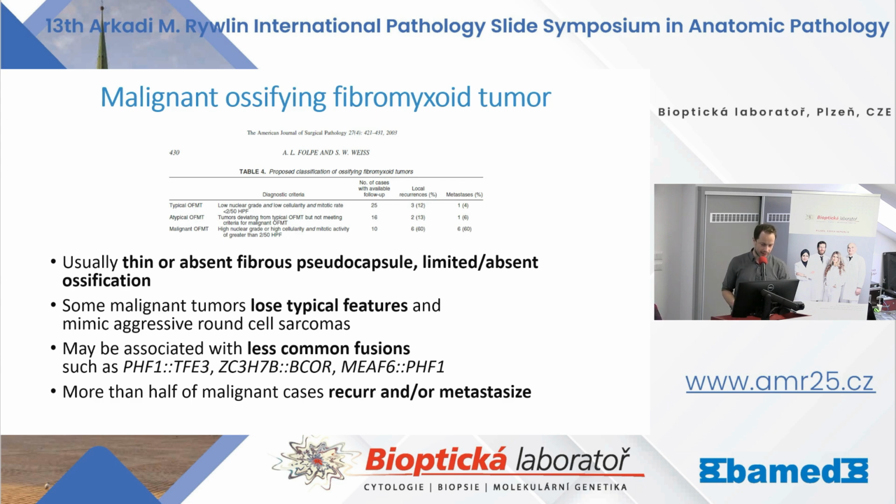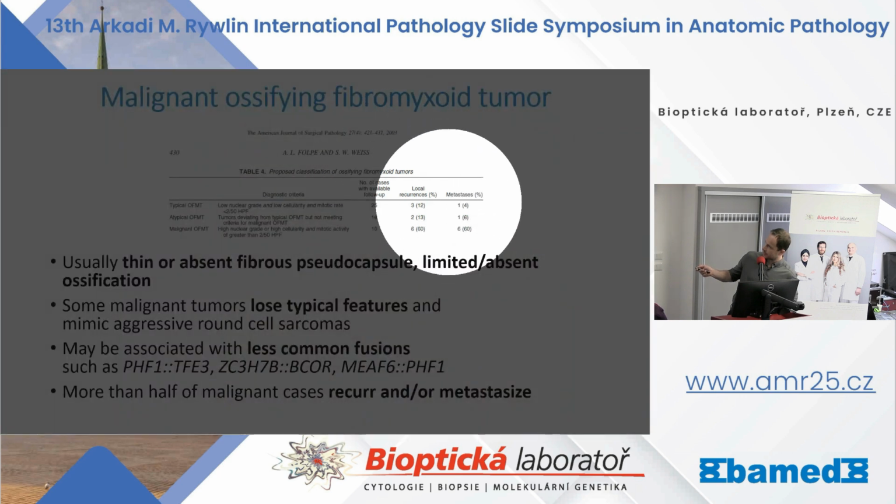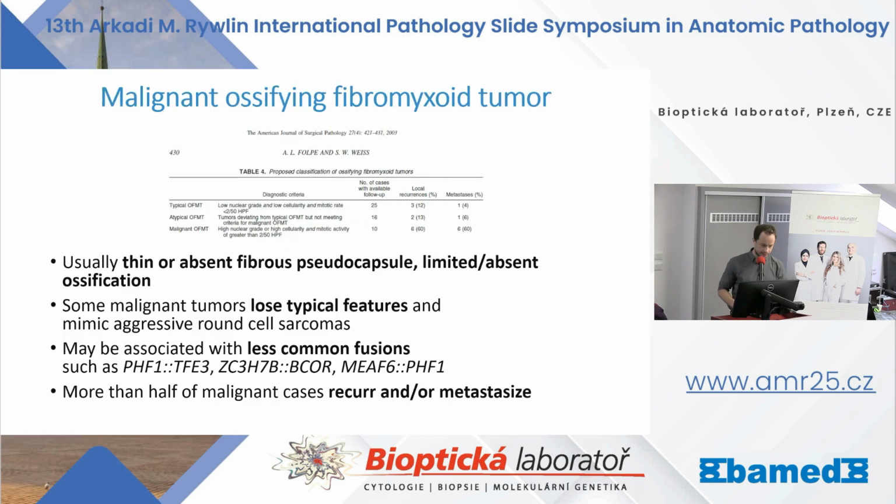Everybody hates to count 50 high power fields, but that's how they defined it, and it seems to work pretty well. Then you have malignant OFMT, which should have high nuclear grade or high cellularity and mitotic activity which goes over 2 mitoses per 50 high power fields, and whatever is in between is called atypical OFMT. And if you look at the outcome here, it seems to work pretty well.